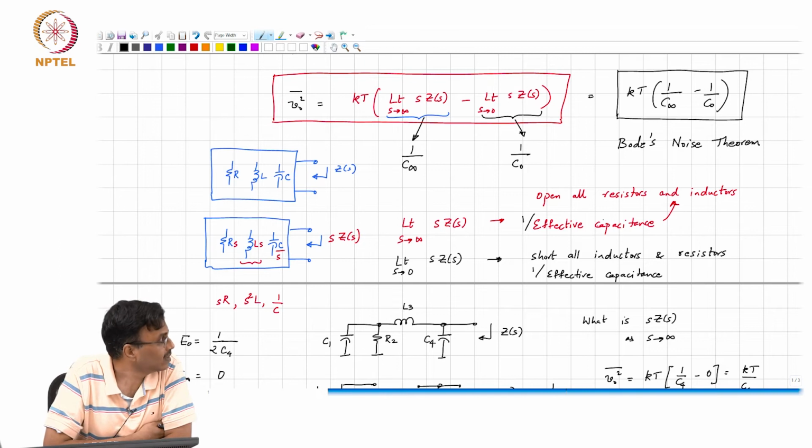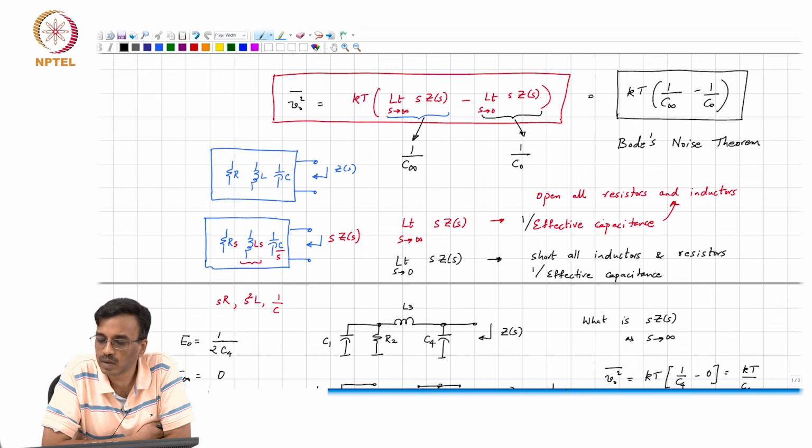And likewise, limit s tends to 0 of s times z of s is the effective capacitance you see when all the resistors and inductors are shorted, and the total noise is simply kT times 1 over C infinity minus 1 over C0.